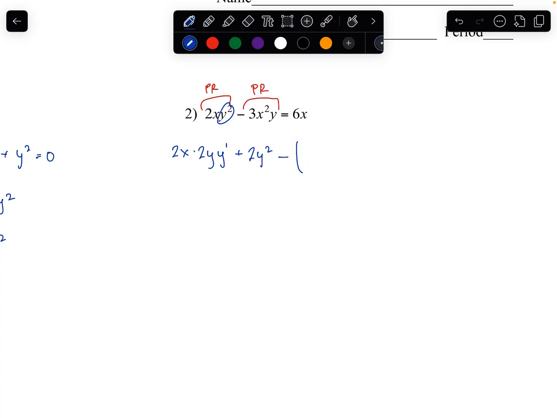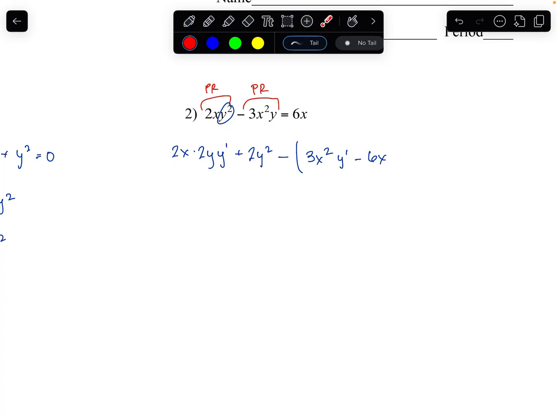So we'll take the first, which is 3x squared, times the derivative of y, which is not 1. It's y prime. So we did the first times the derivative of the second plus the derivative of the first, which would be negative 6x when I take the derivative of this right here.